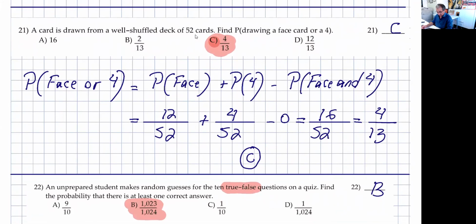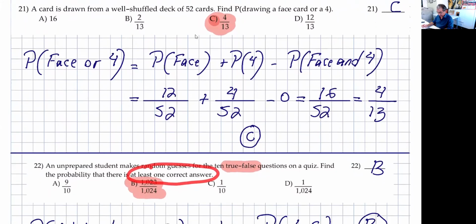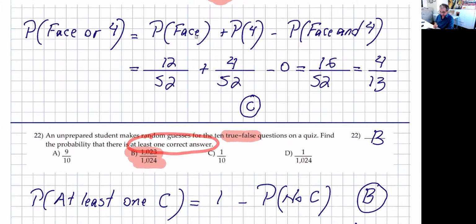Number 22, an unprepared student makes random guesses for 10 true or false questions on a quiz. Find the probability that there is at least one correct answer. Be very careful, at least one correct answer. You need to know this. P of at least one is always the same thing as 1 minus P of none.